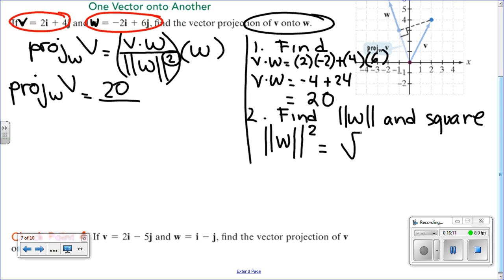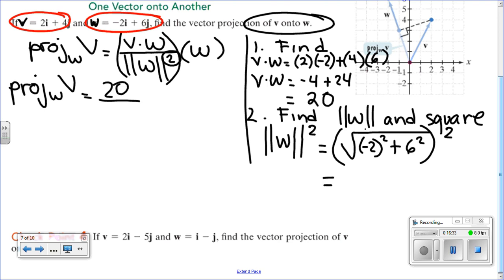We have a square root and then we square it. So that's what Andrew was saying. For magnitude, remember, you take each a and b and square it, similar to the Pythagorean theorem, so that will be negative 2 squared plus 6 squared.